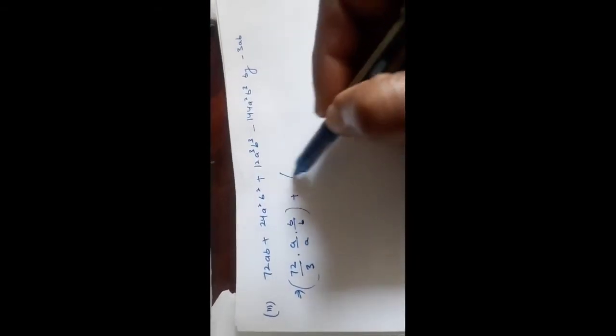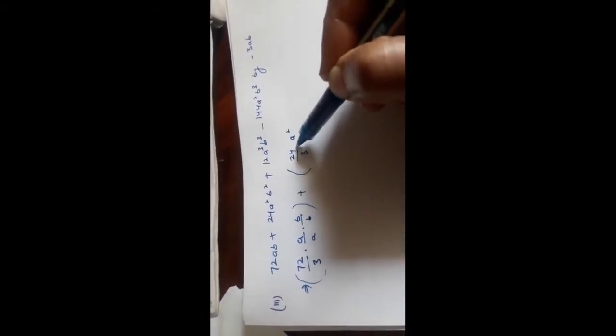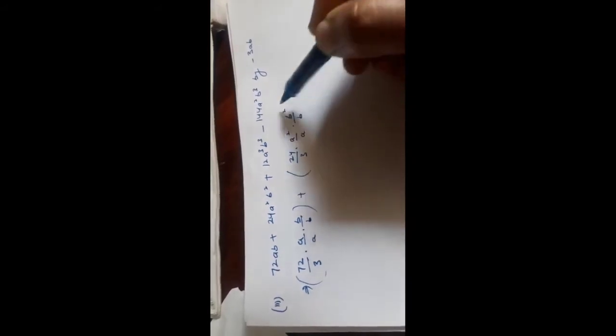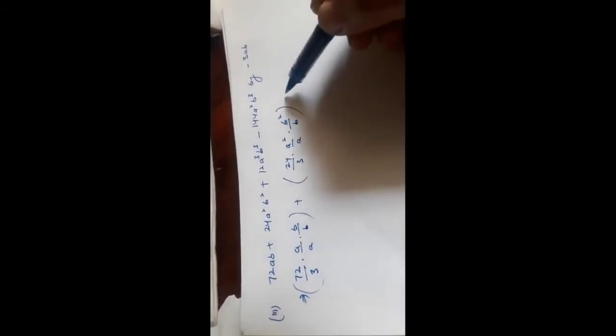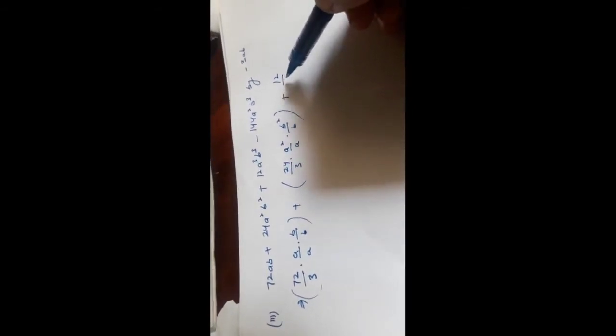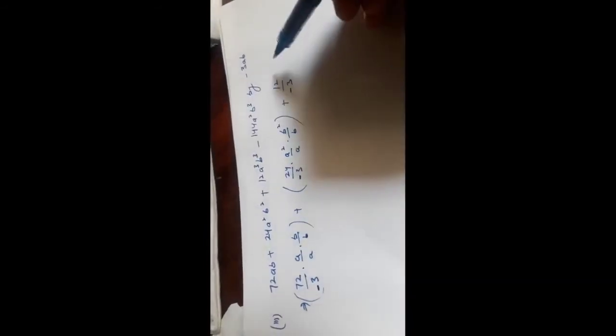Now plus 24 by 3, a square with a, b square with b. Now again positive sign, 12 with 3, and we have to remember that this is minus 3 and minus 3.